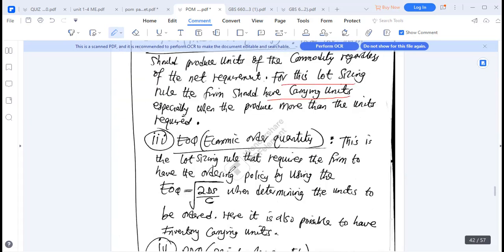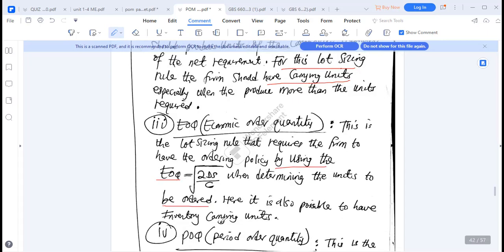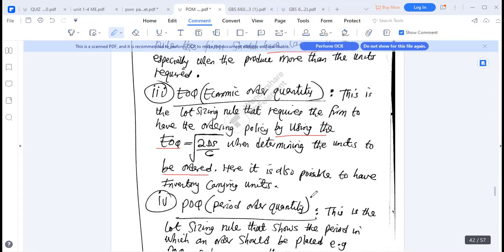This is a sizing rule that requires the firm to have the ordering policy by using the economic order quantity formula, which is the square root of 2DS/C, when determining the units to be ordered. So it's possible that they can order more than what is required, and they can have carrying units that they can keep in the warehouse or at home.